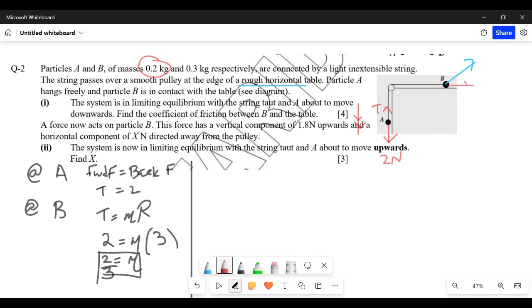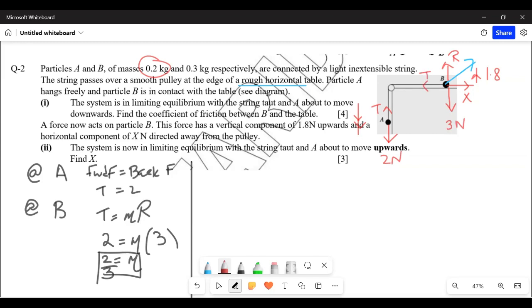In the X direction, the component is X, and upward, the component is 1.8. Upward, we also have R. Downward, we also have mg, which is 3 Newton. And towards the left, there's tension.